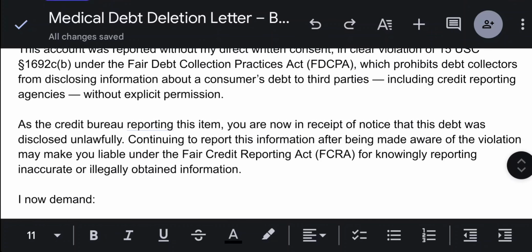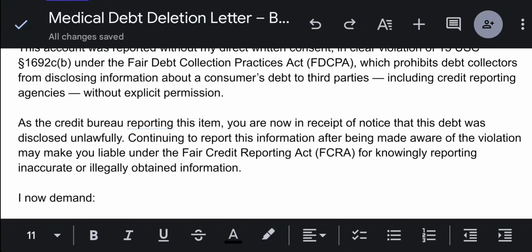As the credit bureau reporting this item, you are now in receipt of notice that this debt was disclosed unlawfully. Continuing to report this information after being made aware of the violation may make you liable under the FCRA for knowingly reporting inaccurate or illegally obtained information. That's powerful.